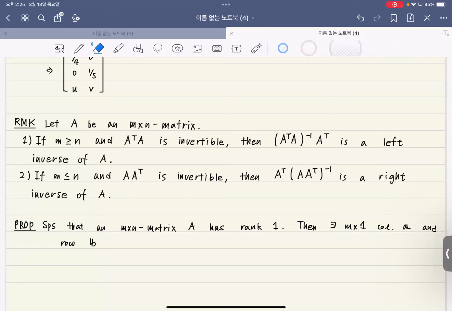Then there is an m by 1 column vector A and another n by 1 column B, such that the matrix is A times B transpose.